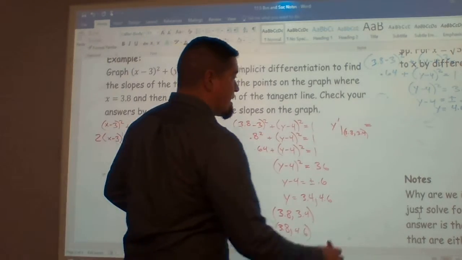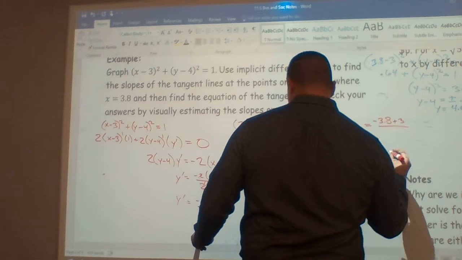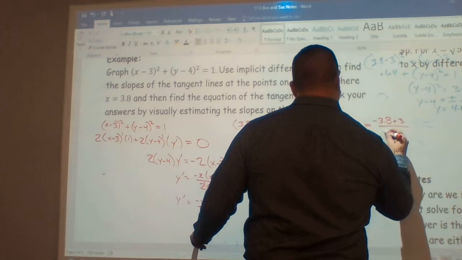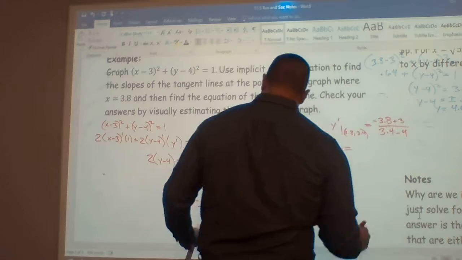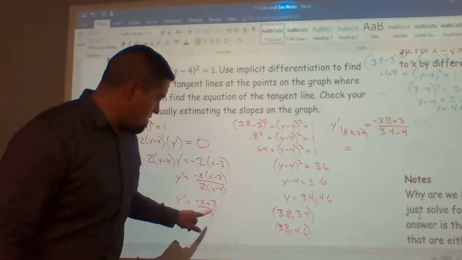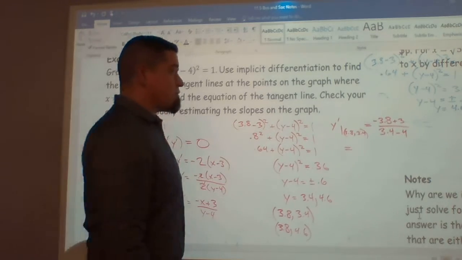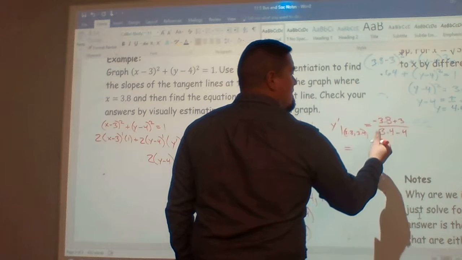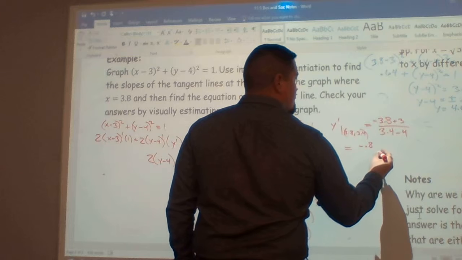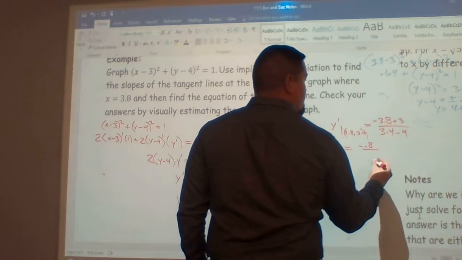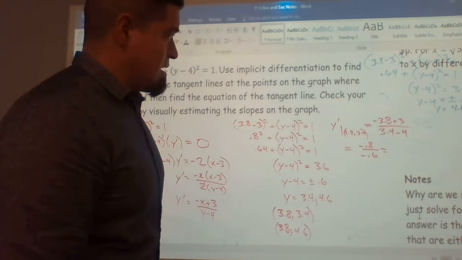So at this point, negative 3.8 plus 3 over 3.4 minus 4. Again, plugging 3.8 in for x and 3.4 in for y. That's all I did. Then I end up with negative 3.8 plus 3 is negative 0.8, and 3.4 minus 4 is actually negative 0.6. And that's where I think I might have had the mishap there.